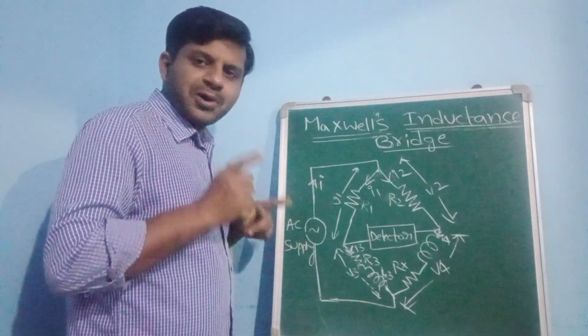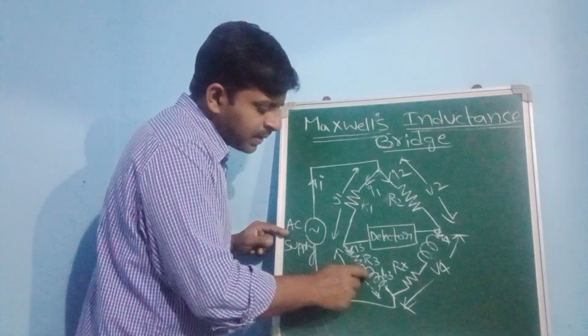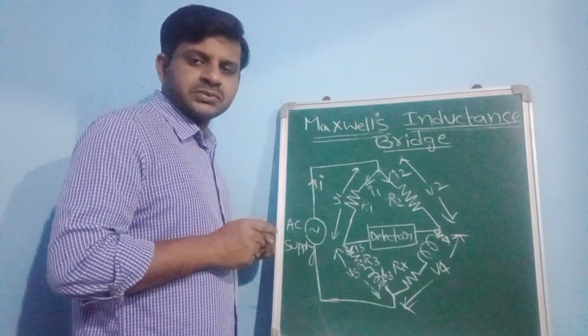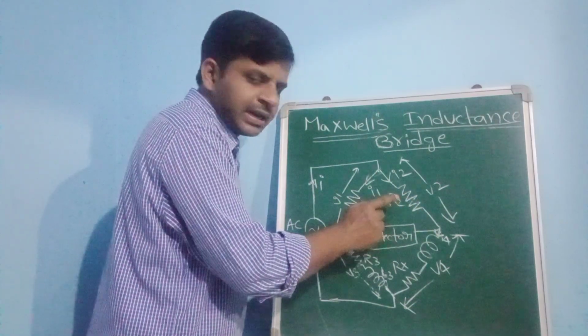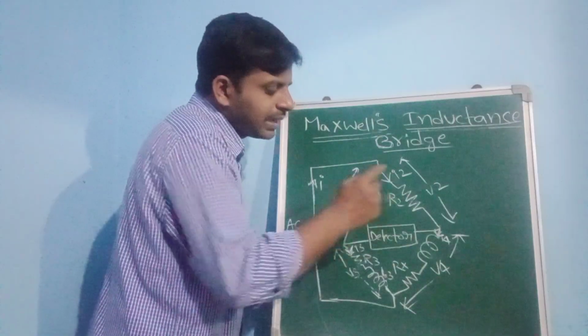Finally we get R1 by R3 plus small r plus j omega L3 in imaginary terms, equal to, on this arm side, the ratio R2 by Rx plus j omega Lx.